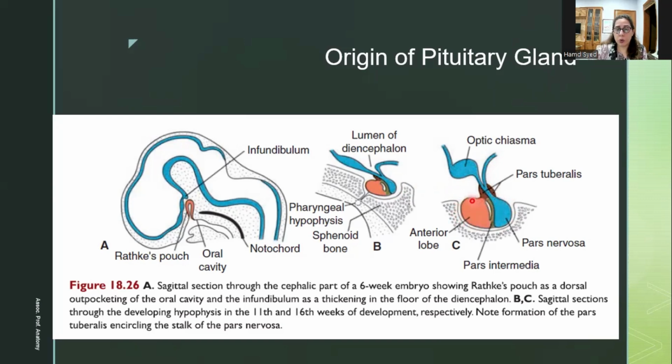Whereas the anterior lobe, and you can see over here the pars tuberalis and intermedia, are derived from the ectoderm, that is from the Rathke's pouch. Also keep in mind that the diencephalon is still going to be connected to the pituitary through the median eminence and infundibulum, whereas the Rathke's pouch loses its connection from the oral cavity during the consequential phases of development.